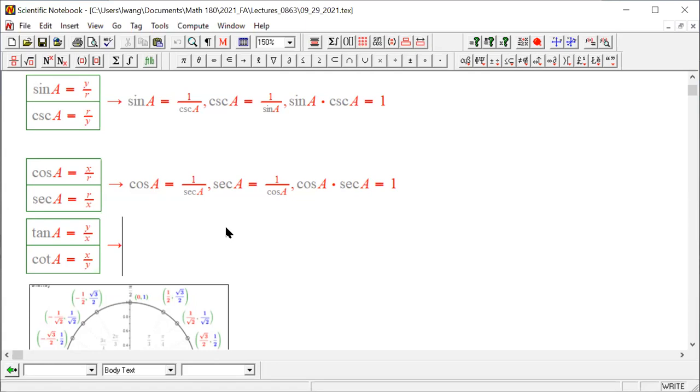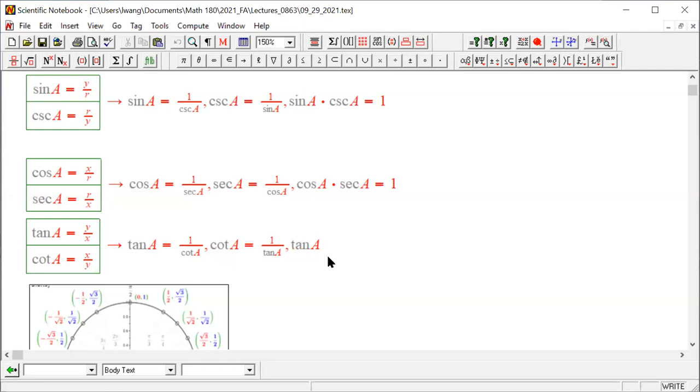Okay, now let's look at tangent and cotangent. Tangent is the reciprocal of cotangent, and cotangent is the reciprocal of tangent, with all these implications.